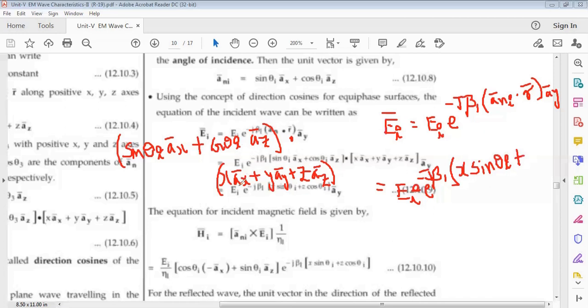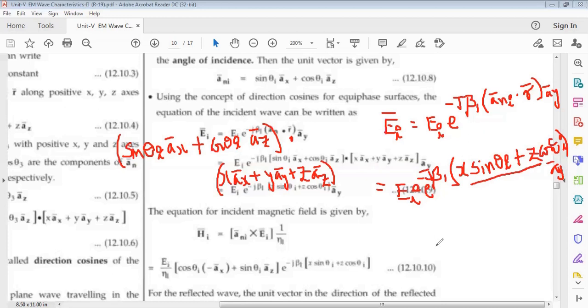AZ bar dot AX bar is 0, AZ bar dot AY bar is 0, AZ bar dot AZ bar is 1. So that is Z into cos theta I, which will multiply with the AY bar in the power itself. So the exponent is X into sine theta I plus Z into cos theta I.